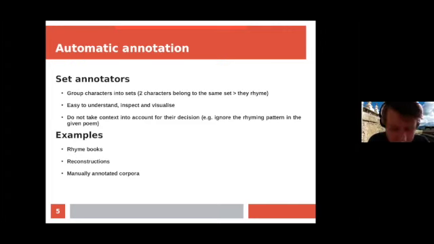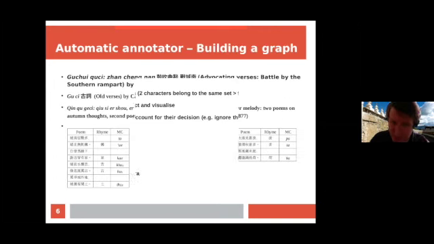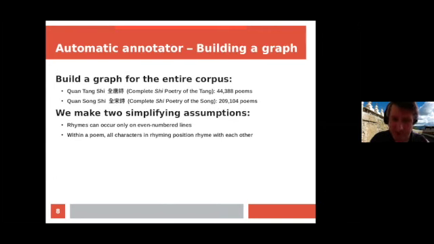If I may just say, Julie and I have talked about this sort of stuff a lot before, and one thing that I find a clear way of thinking is that one of these simplifying assumptions, that everything in rhyme position rhymes, introduces false positives, whereas the assumption that only things on even lines rhyme introduces false negatives.